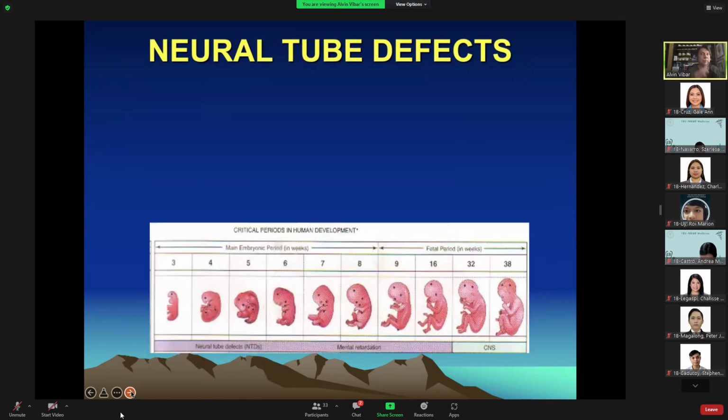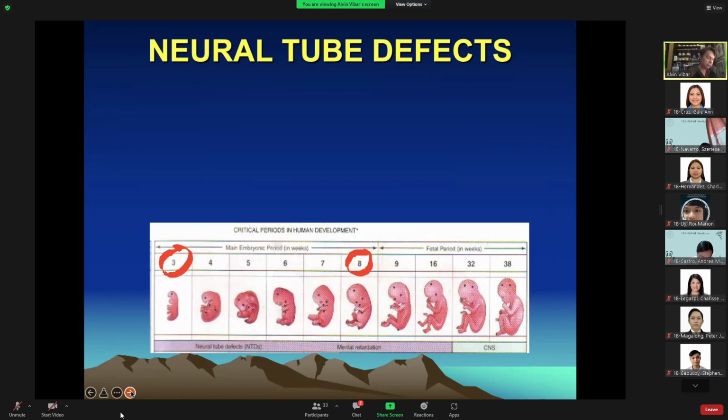Okay, let's go back to basic concepts. Embryonic period starts at what week? Third week, and it ends at what week? 8 weeks. Embryonic period is from the 3rd to 8th weeks of human development, after which, from the 9th week until birth, is your fetal period. Clear pa? Okay. Embryonic period is said to be the most critical period of human development. Take note.